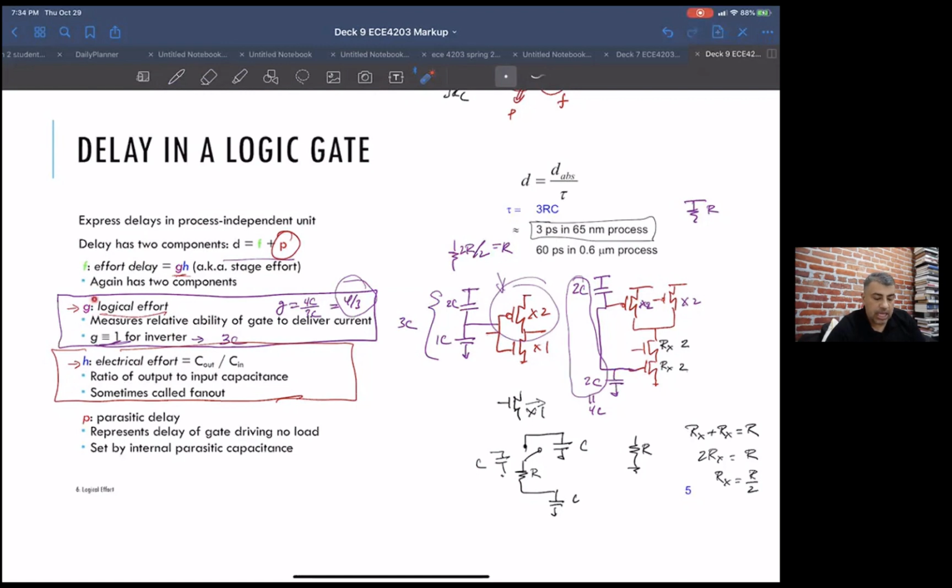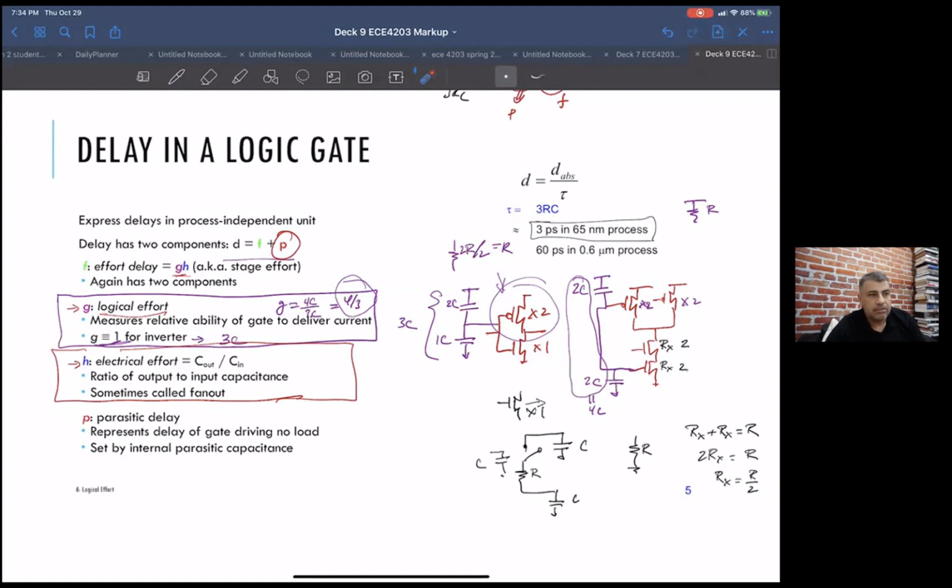Again, G is just a function of the complexity of the gate that's doing the driving. So for example, a 3-input NAND gate will have a higher G value than a 2-input NAND gate because it's more complex.